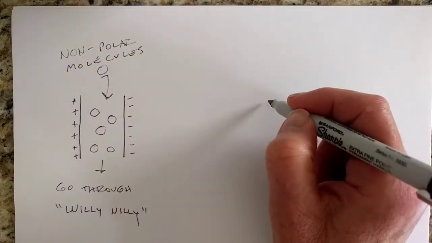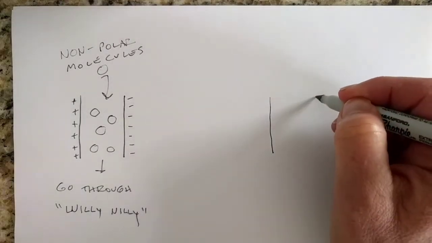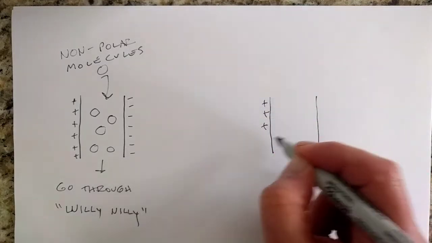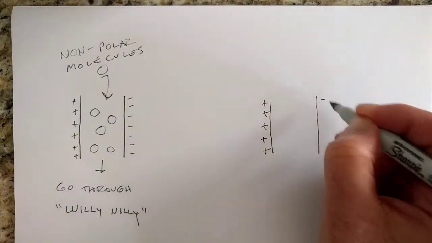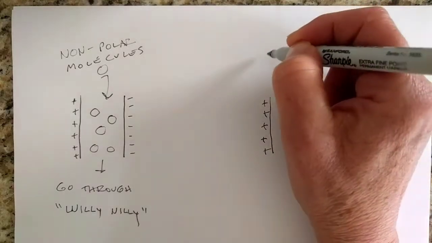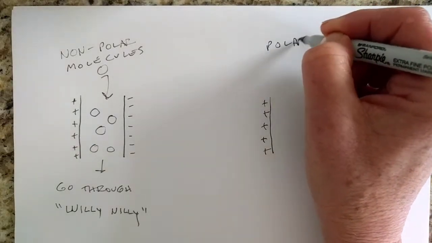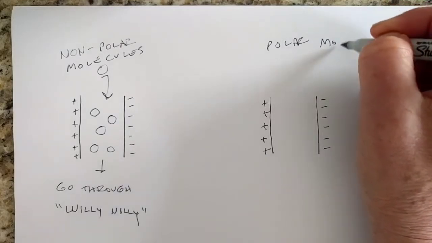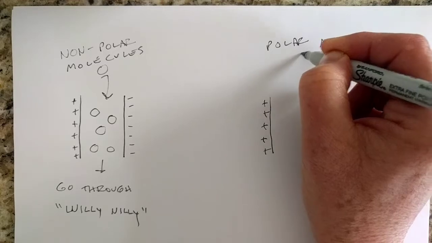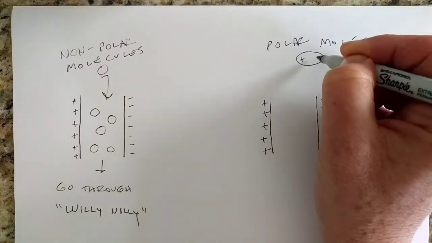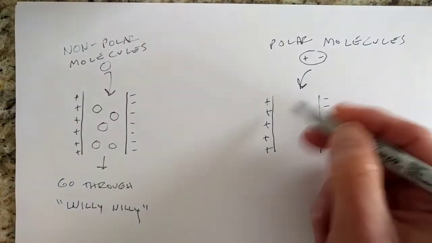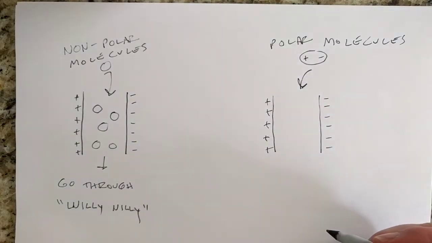So now, we take our electric field, our two metal plates, one's charged up to be positive, the other one charged up to be negative. And now we take our polar molecules. Now remember, polar molecules have a positive end and a negative end. And we put them through the empty space between the two plates.